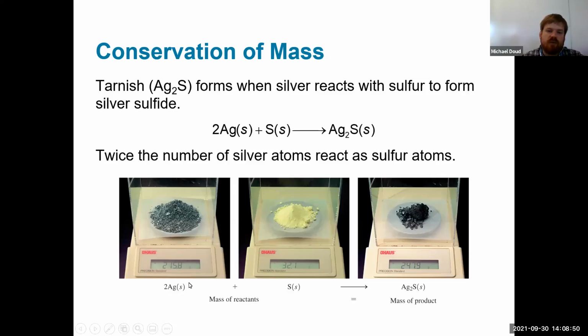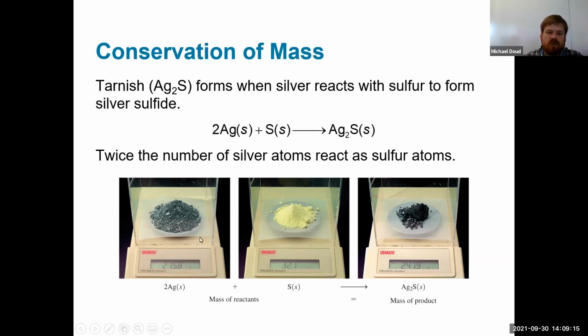Again, here's another example. If you take 2 moles of silver, weighing 215.8 grams, and combine it with 1 mole of sulfur, weighing 32.1 grams, and you react them in a chemical reaction, you end up with 1 mole of silver sulfide, which is 247.9 grams.